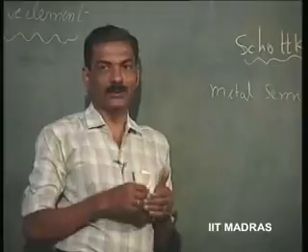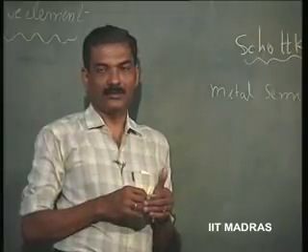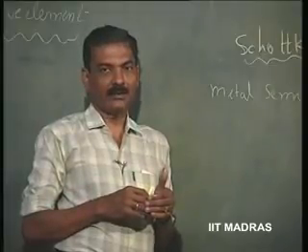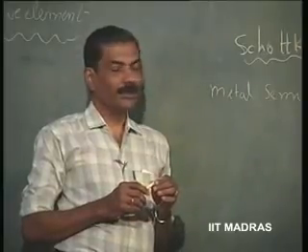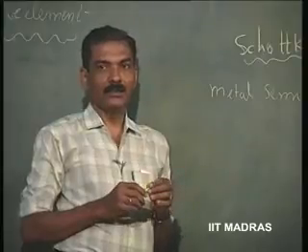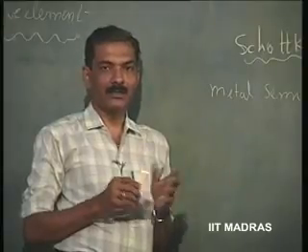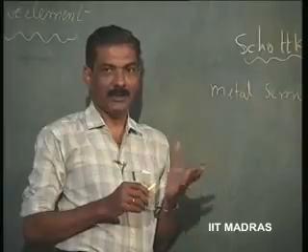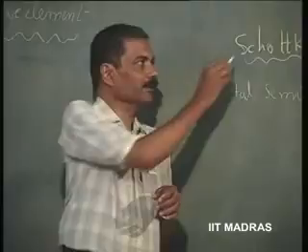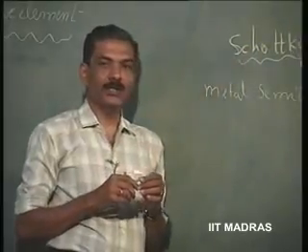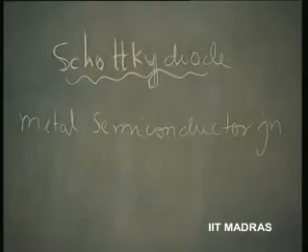So, it is closer to the ideal diode in its forward characteristics than these other semiconductor diodes, and also it has a delay time which is of the order of nanoseconds. So, it is a high speed diode. These diodes are used for high speed switching applications, and also in preventing, as we will see later on, a transistor from going to deep saturation.